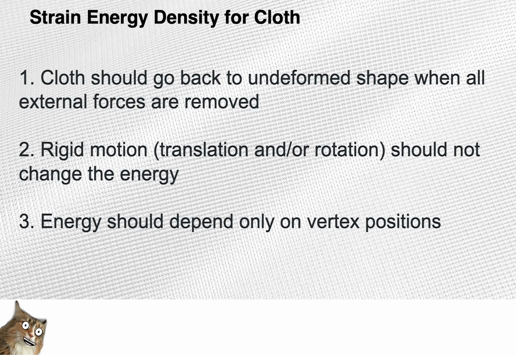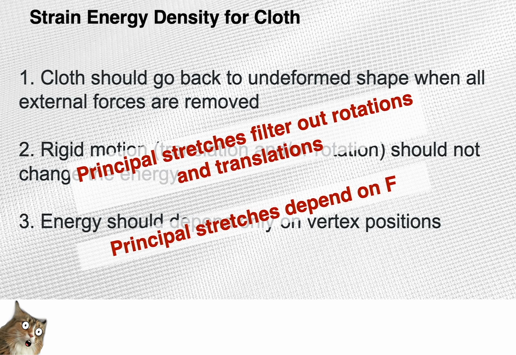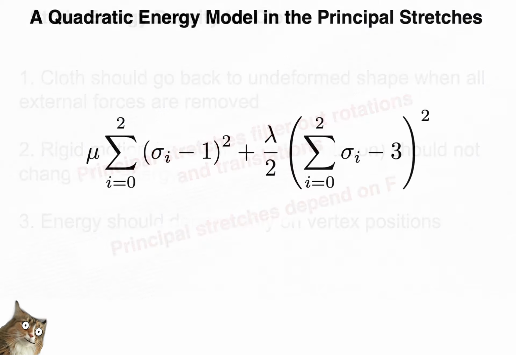Principal stretch formulations are immediately useful because, as we've seen, they filter out rotations by construction. And because they depend directly on the deformation gradient F, they can be computed from the vertex positions of our triangle mesh. What remains is to formulate a strain energy density that ensures that our cloth will go back to its original shape when no forces are exerted on it.